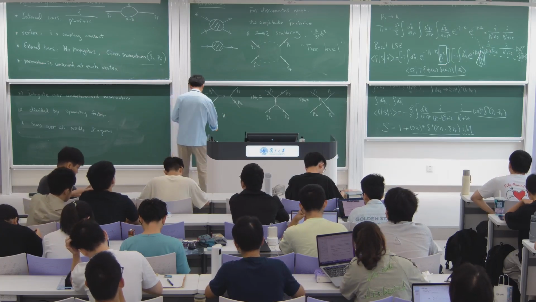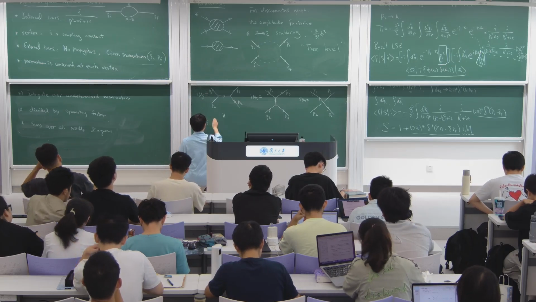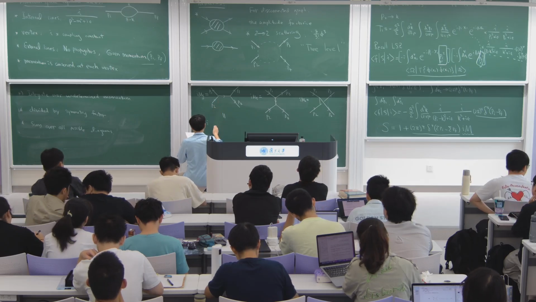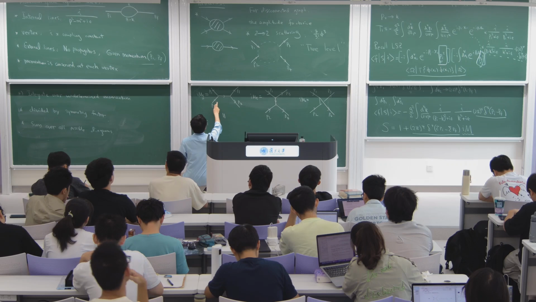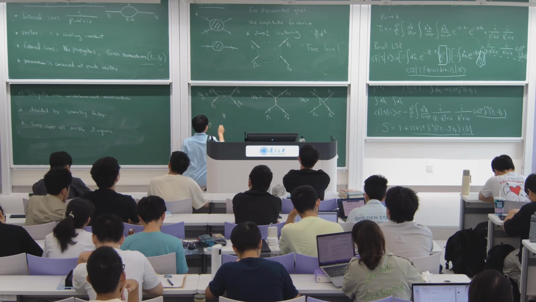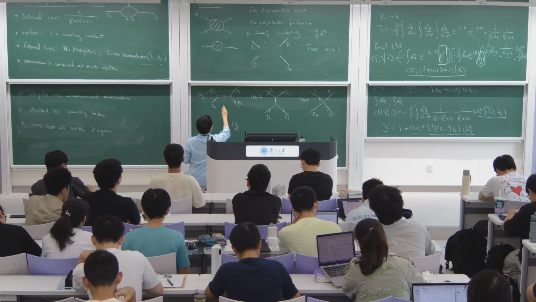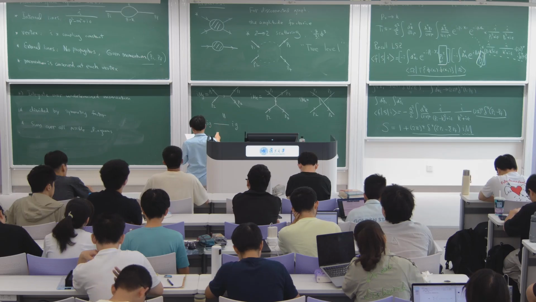Now this is really easy because there's no loop, so there's no undetermined momentum, so there's no integral. So let's just follow the rules for this graph. For each vertex, I have to put an Ig, so we have 2 Ig. There's only a single internal line, and its momentum is completely determined.